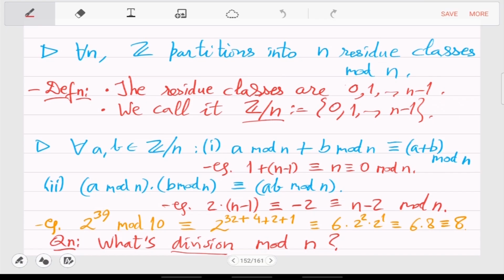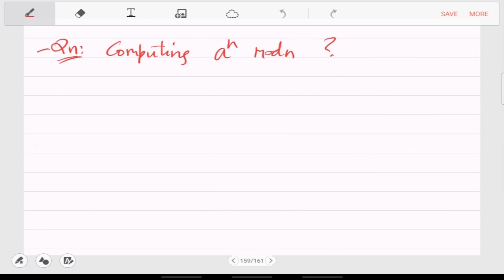Then you square it, you get 2 square. Then you square it, you get 2 raised to 4. And you square few more times, you get 2 raised to 32. So you have to multiply only 4 things after few squarings and few multiplications. And every time you do the modular arithmetic. So that is the trick which actually you turn into a fast algorithm. So this can be computed very fast. So this is easy to compute by repeated squaring.